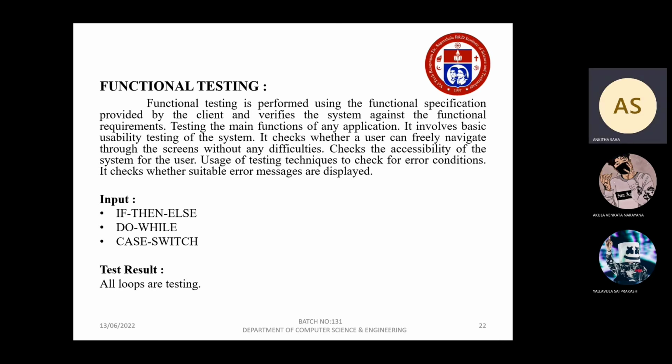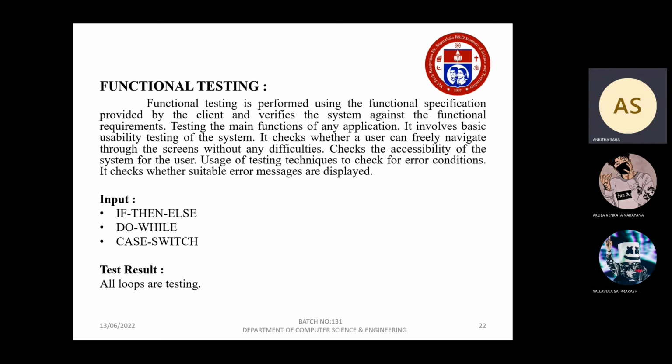So functionality testing. Functionality testing is performed using the functional specification provided by the client and verifies the system against the functional requirements. It tests the main functions of any application, and involves the following. It will check whether a user can freely navigate through the screen without any difficulties.